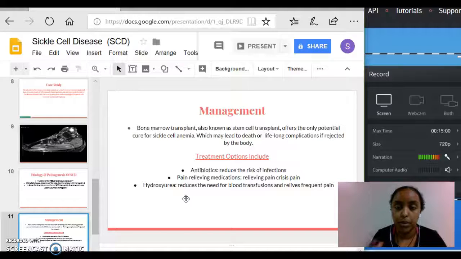You go through either radiation or chemo to get rid of the affected bone marrow, and then replace it with the transplanted bone marrow, which basically has to come from someone related to you, mainly a brother or a sister. Even after taking medications so your body doesn't reject it, it could possibly reject it, which sometimes could lead to death or complications.